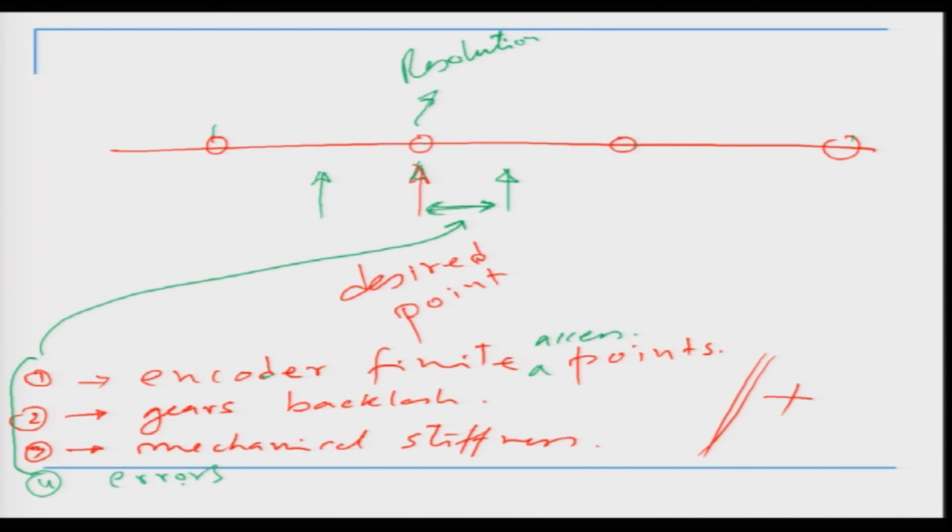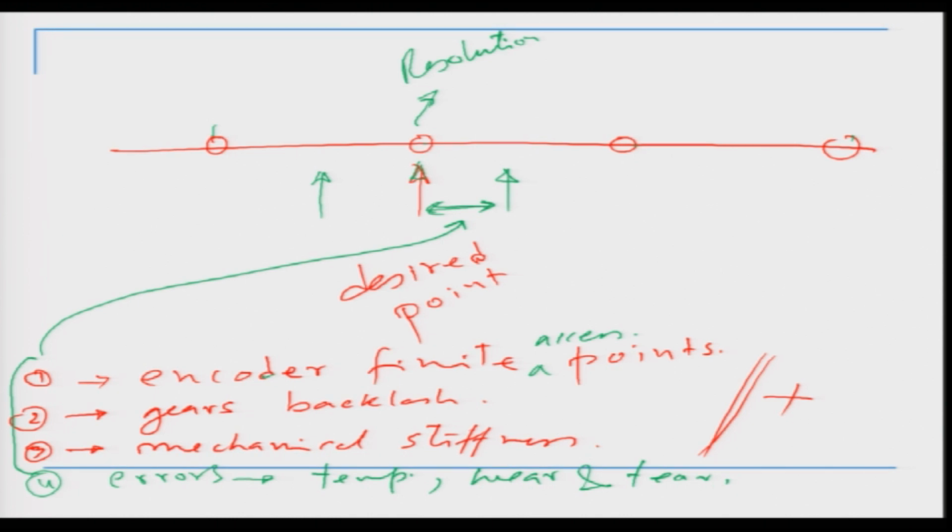For example, there is some amount of play. What I mean is the play basically means when we are fitting two parts that is not tightly fitted. So there is some kind of looseness in there. Okay, these are normally mechanical stiffness and mechanical errors. It can vary because of temperature, wear and tear, etc. Okay, so all these fellows will add up.